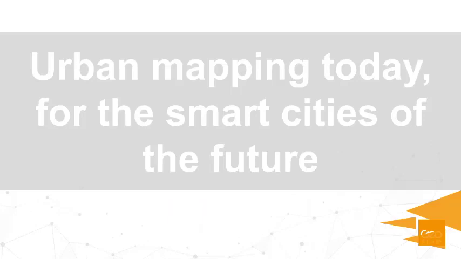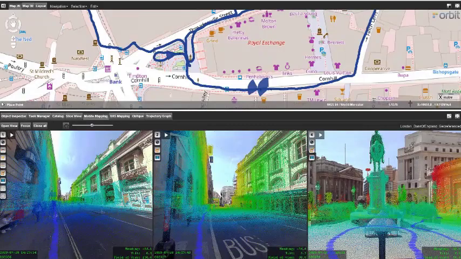So with ZEP Discovery, we say urban mapping for the smart cities of the future. Here, a couple of examples. This is some scanner and image data overlaid from the center of London, a survey which took some 15 minutes.